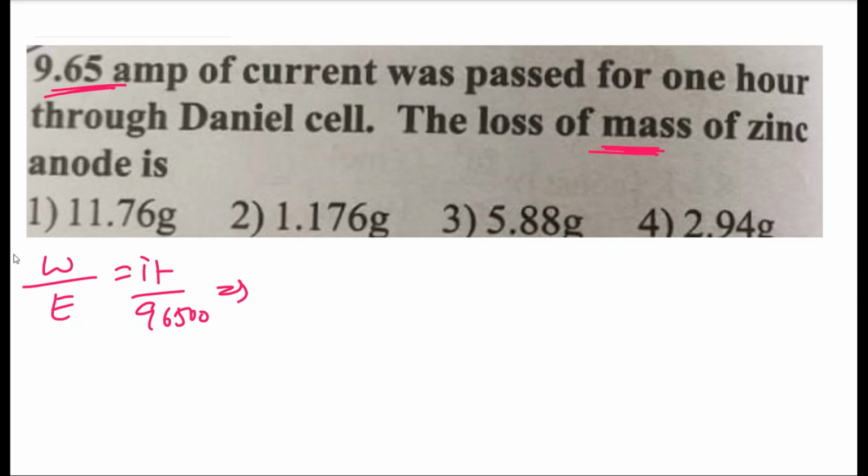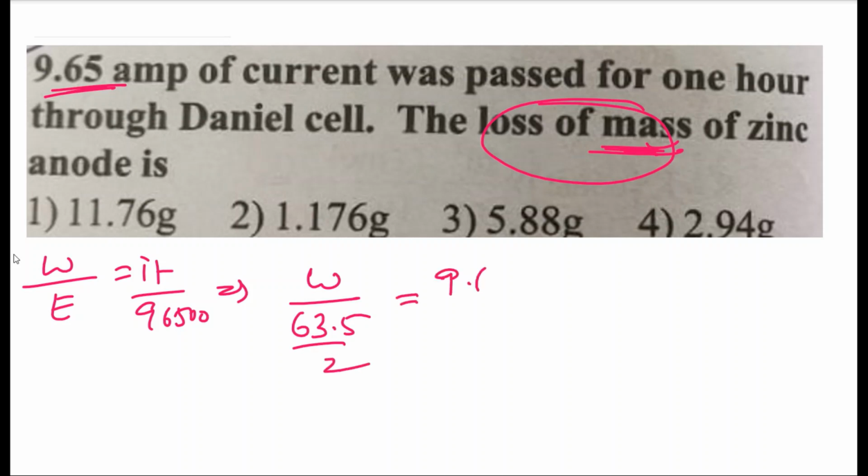In that sequence formula, you have to apply this formula only. You have to calculate the weight because the loss of mass is asked. W by equivalent weight, which is 63.5 by 2, is equal to I, the current given as 9.65, and the time of 1 hour is also given.